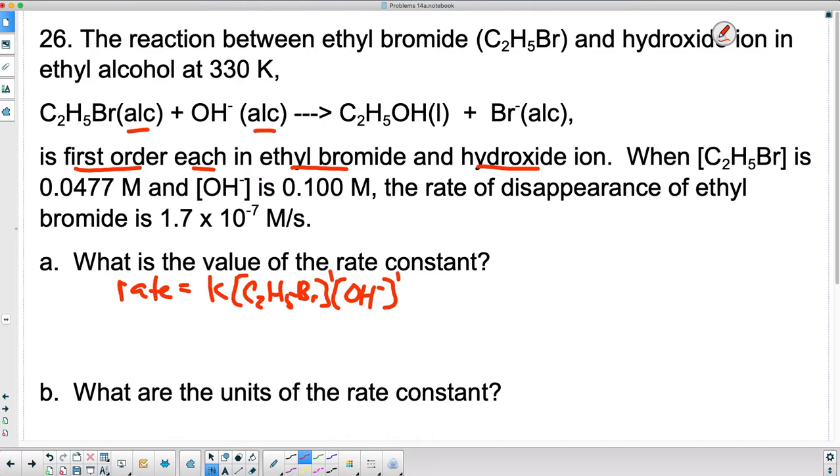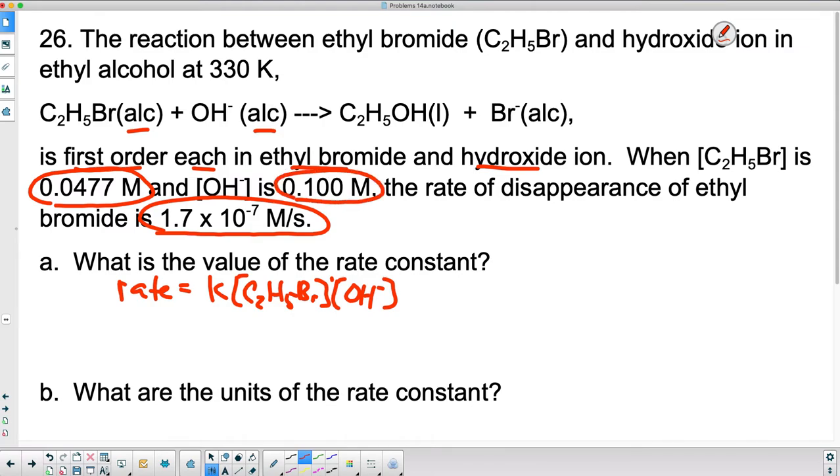So a 1 and a 1, but you don't have to write those because we don't write ones in chemistry. So the question is, what's the value of the rate constant? Well, here's the rate, and here is the concentration of ethyl bromide and the concentration of hydroxide.